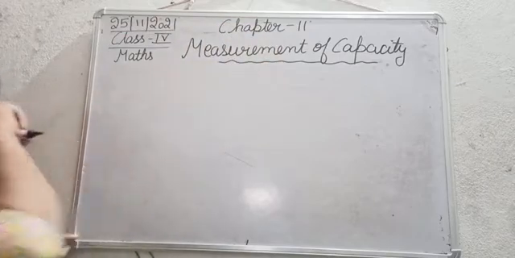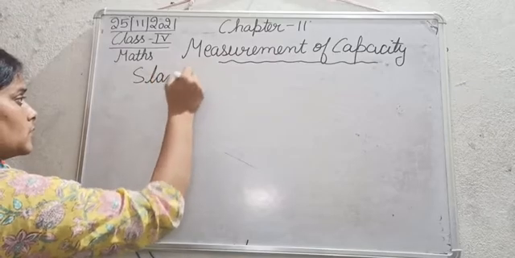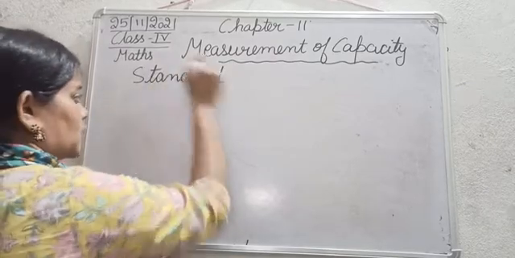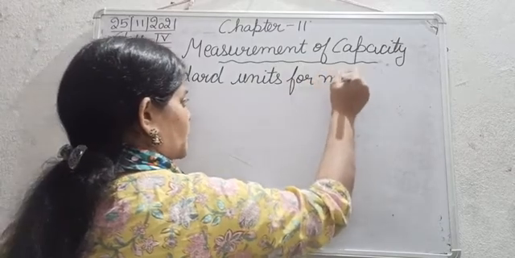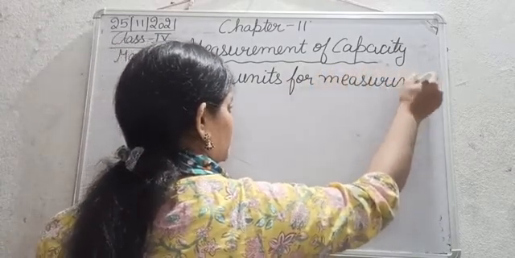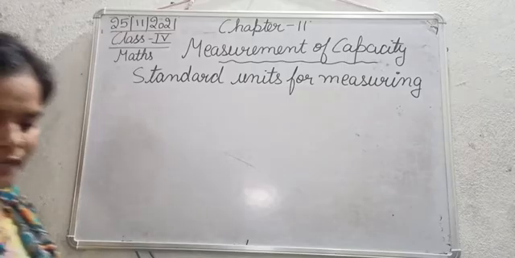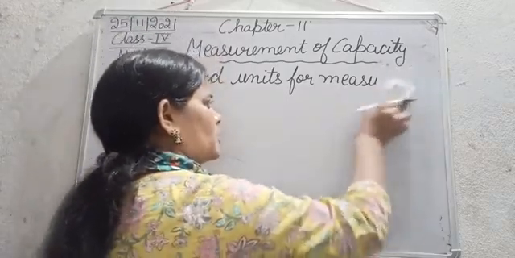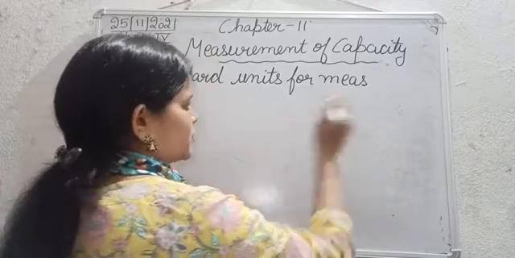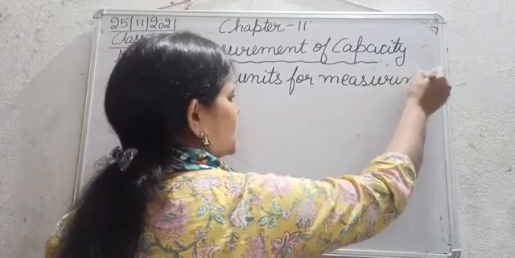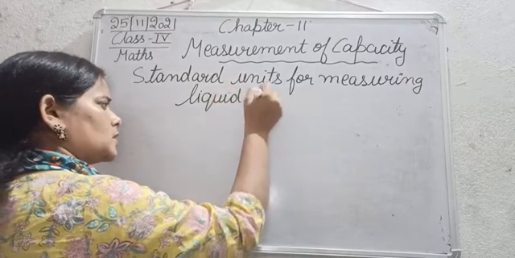Then write down, standard units for measuring capacity. The standard unit for measuring liquid is liter.